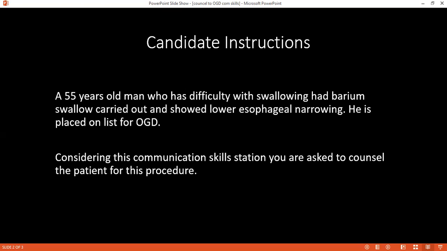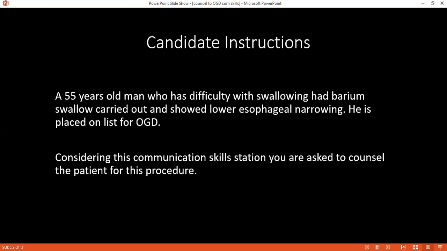Doctor, recently I'm having this watering from my mouth. What do you think the cause is? Okay. Appreciate your concern. If we get back to this paper, you have narrowing in your food pipe, so your saliva will not go down because of this stricture.